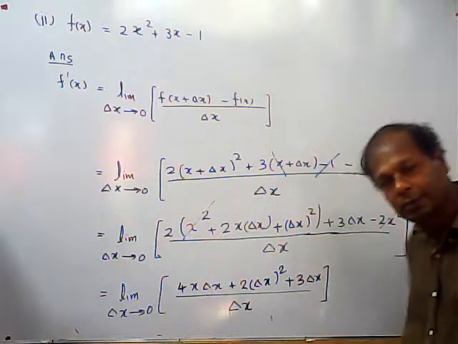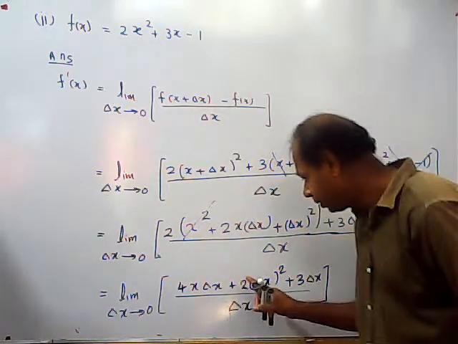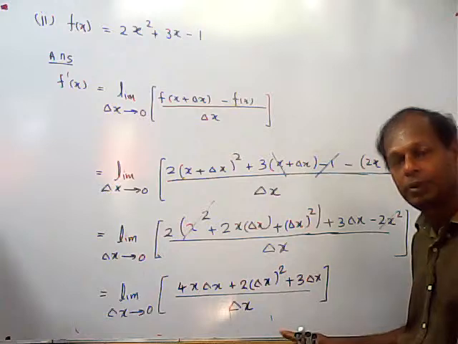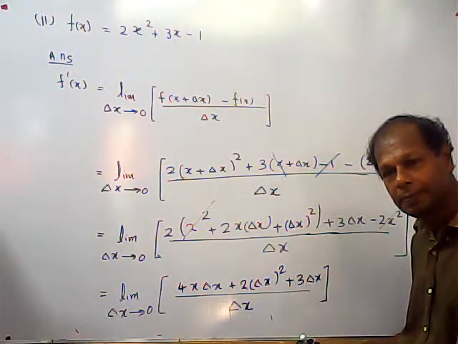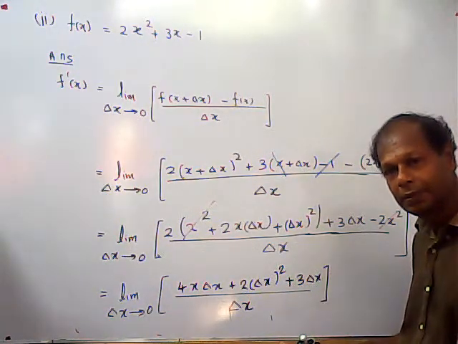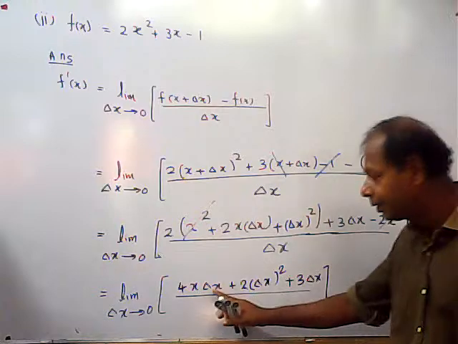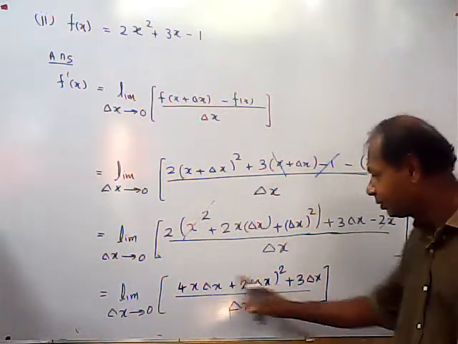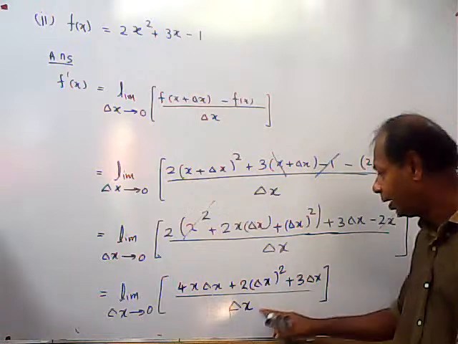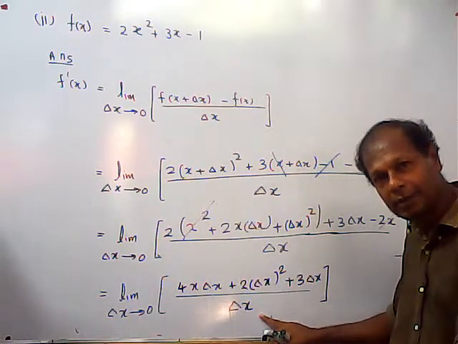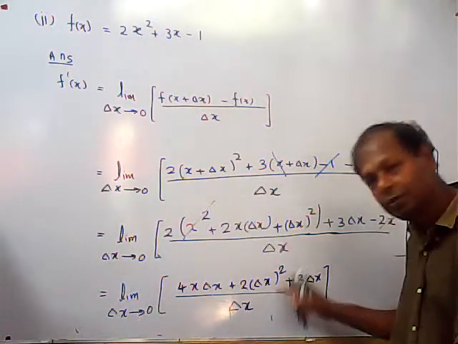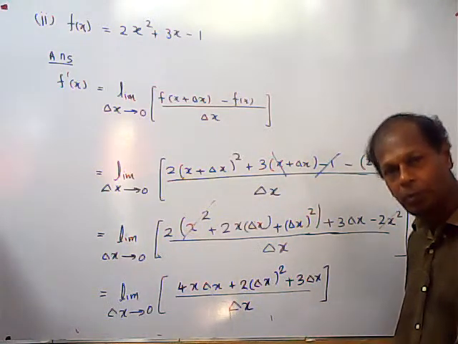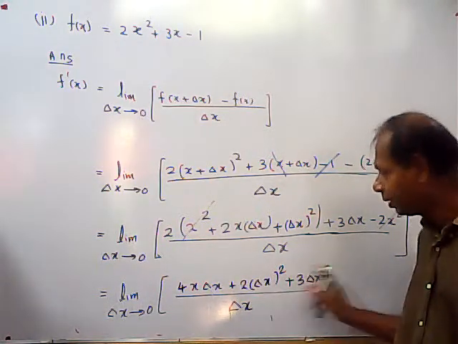So these are the terms remaining, and look at this closely. Did you notice anything? Yeah, it is that delta x is common in the numerator. So delta x is everywhere in the numerator, and in the denominator also there is delta x. So delta x will get cancelled from all the terms because it is common everywhere.